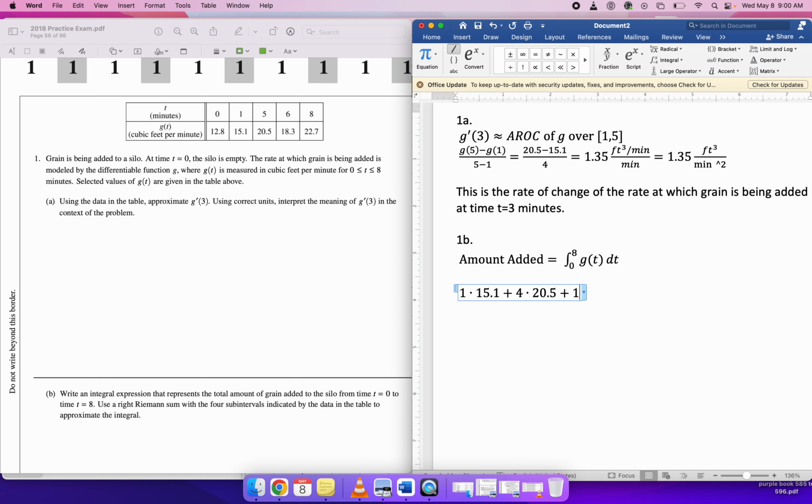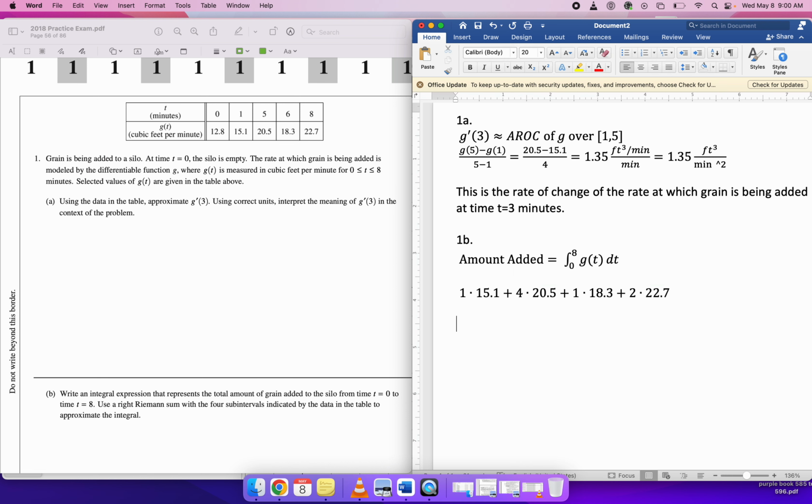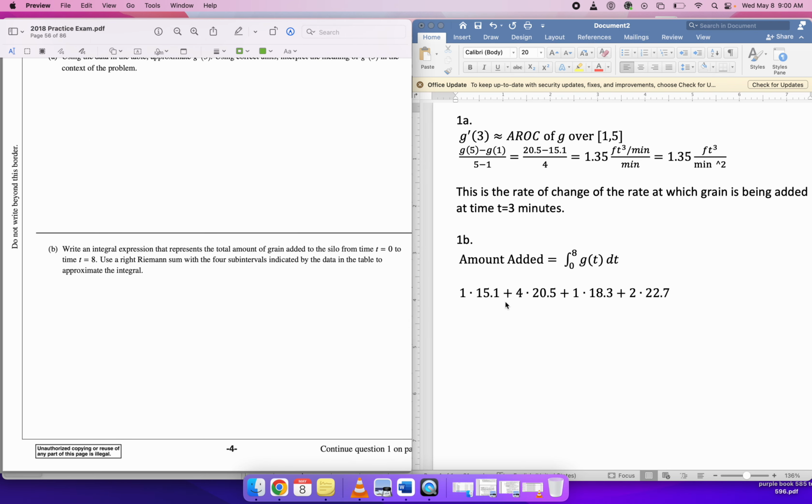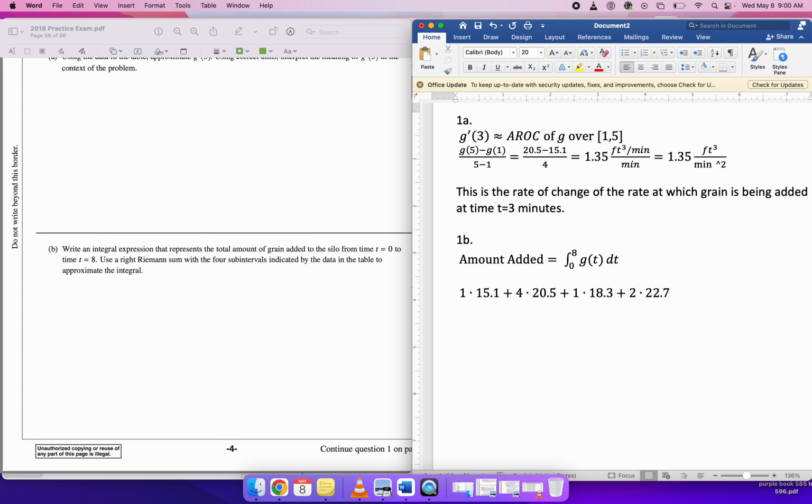The next subinterval is 1 unit wide, and it is 18.3 units tall. And then the last subinterval is 2 units wide, and it's 22.7 units tall. You can use your calculator to evaluate that, or you can just leave it. And so that is the approximation. That's what I would say.